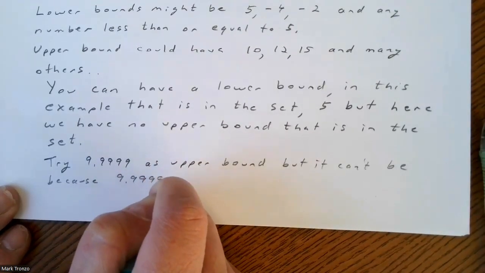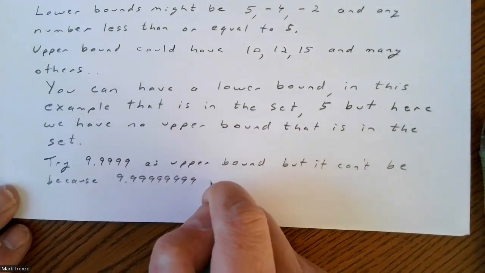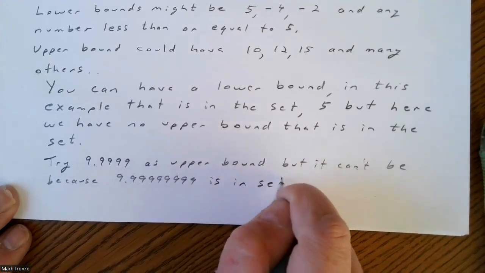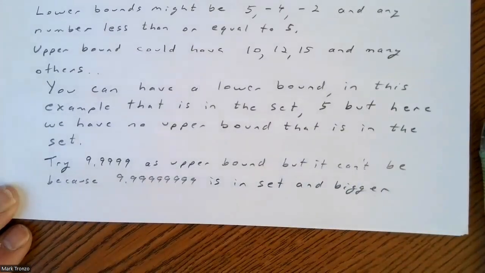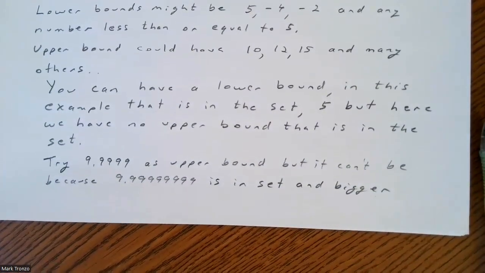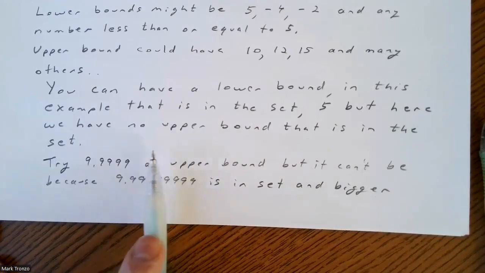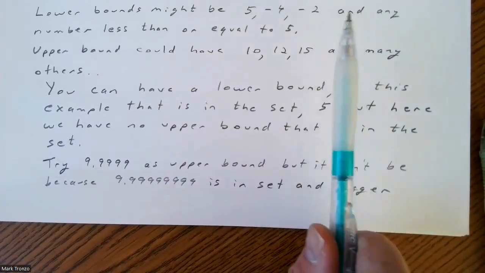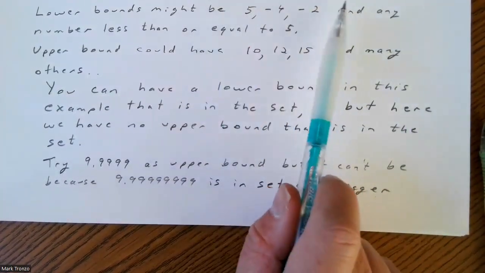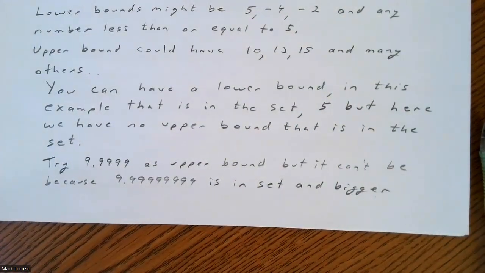Just extend the decimals farther, and it's in the set and bigger. So sometimes your bound can be in the set and sometimes not. Of course, anything less than 5 is not in the set, and anything greater than 10 is not in the set. In this case, even 10 itself is not in the set. Any questions so far?